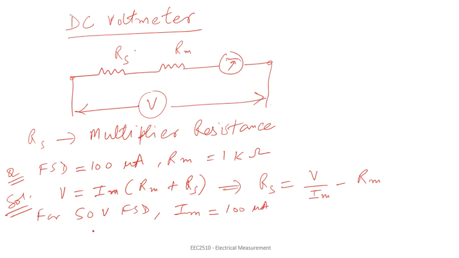So what will be Rs? You can use this expression V over Im, where V is the required value, that is 50. So 50 volt over 100 microampere, minus 1 kilo ohm.